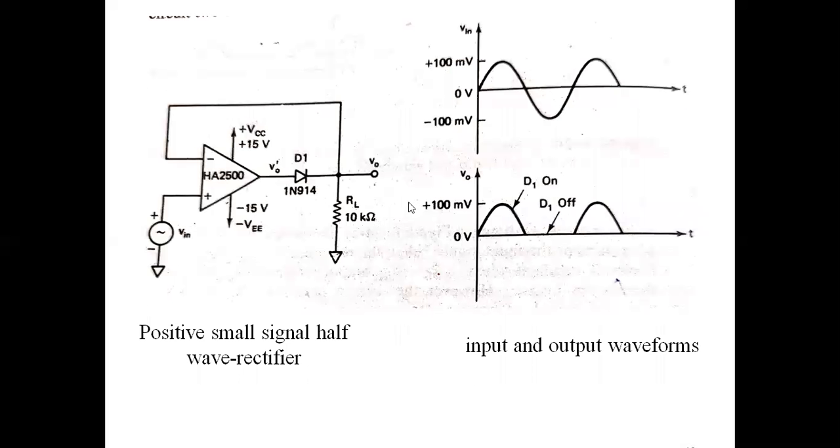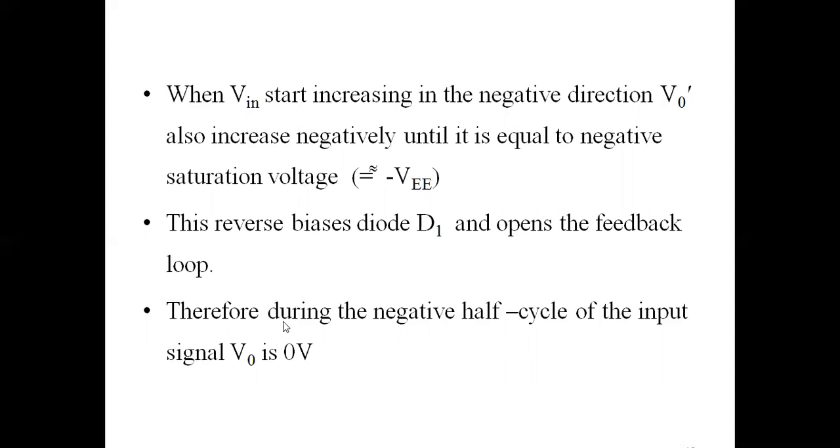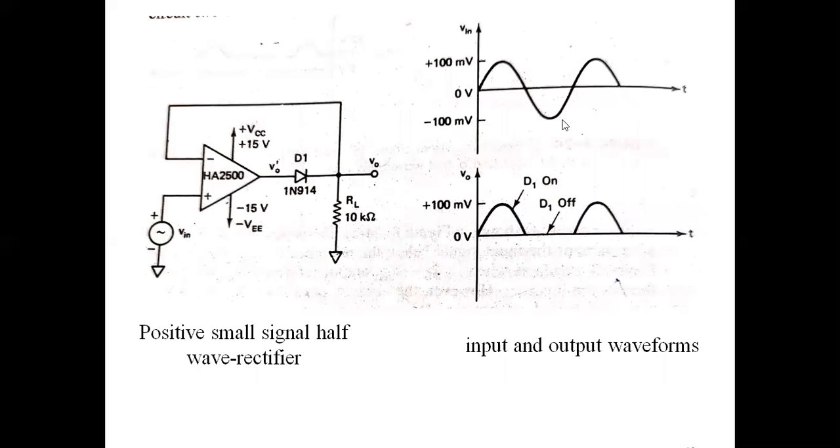Therefore during the negative half cycle of the input signal, the output voltage becomes 0, since the diode is reverse biased and there is no voltage here. Similarly the process repeats.